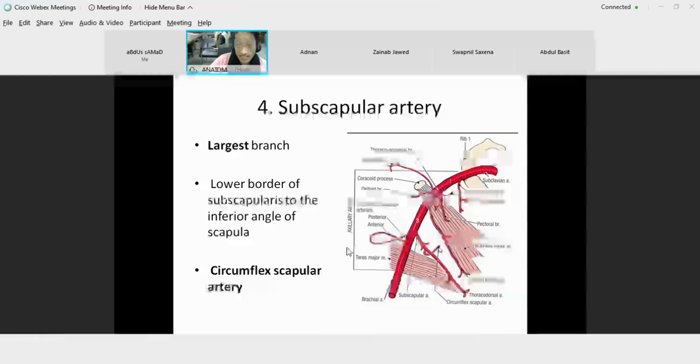In the next class you have class about the back region. In that you will be taught about intermuscular spaces. There are three intermuscular spaces: upper triangular space, lower triangular space, and quadrangular space. Out of that, this circumflex scapular artery is passing through the upper triangular space. Understood? Intermuscular spaces is a separate class for you. Yes, ma'am. Thank you, ma'am.